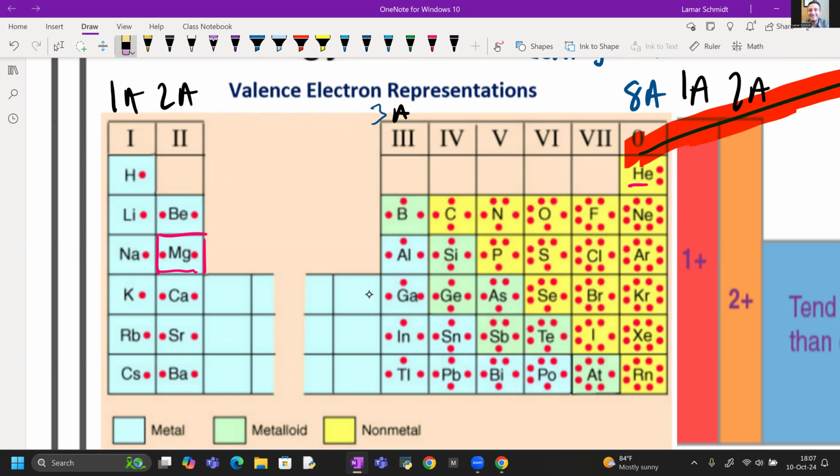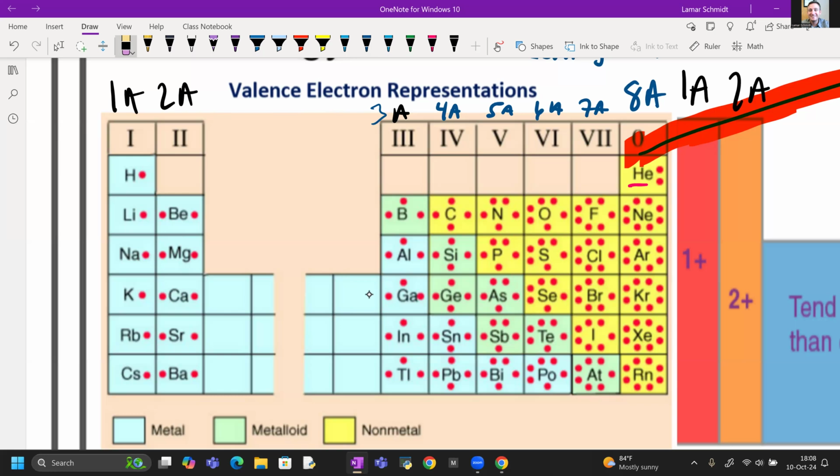Now we're going to be talking about these representative groups, and I had you the other day write 1A, 2A, 3A, 4A, 5A, 6A, 7A, and 8A on your periodic table. And so these are representative elements, or we can call them main group elements. What we're going to do is see if we can find some relationship between the group and the number of valence electrons.